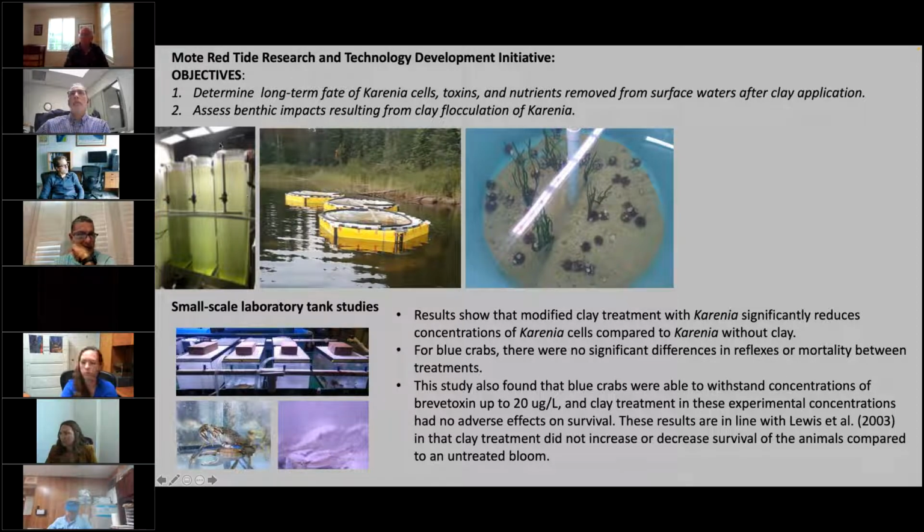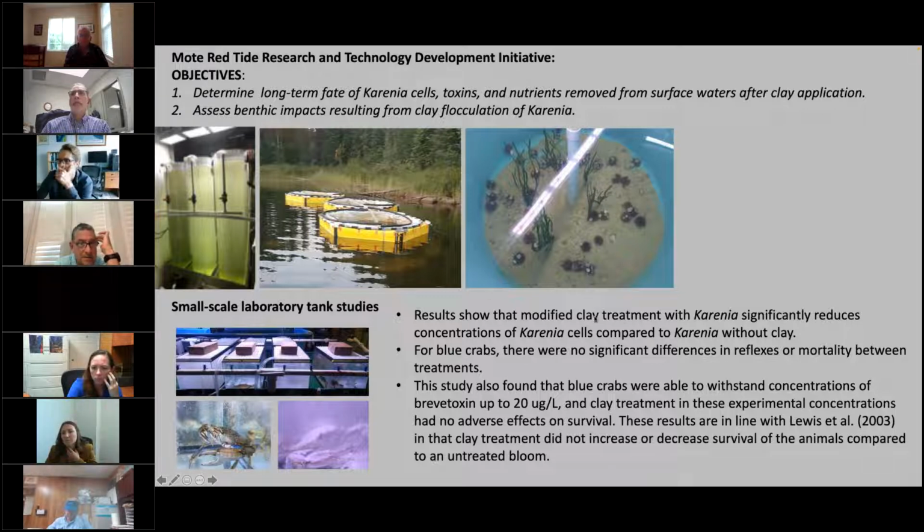They've been done in, first of all, small aquaria with crabs in them, 80-liter tanks. We haven't yet done this, but there are plans to use what are called limno corrals, or floating bags that hang down to the bottom, and then these mesocosm tanks that hold roughly 1,500 liters, and you can have benthic communities and so forth.